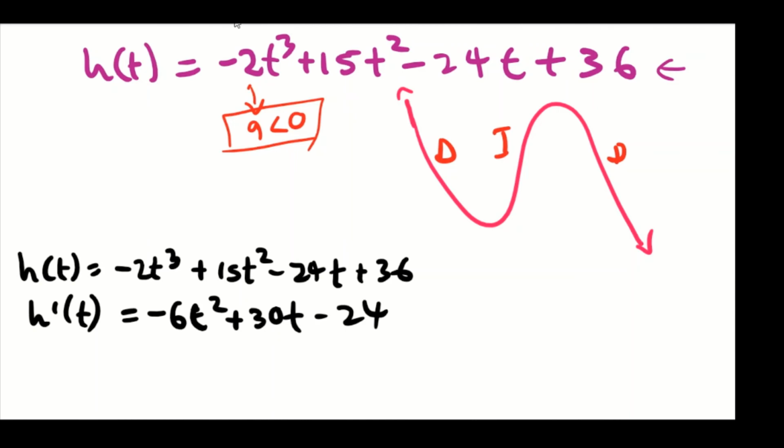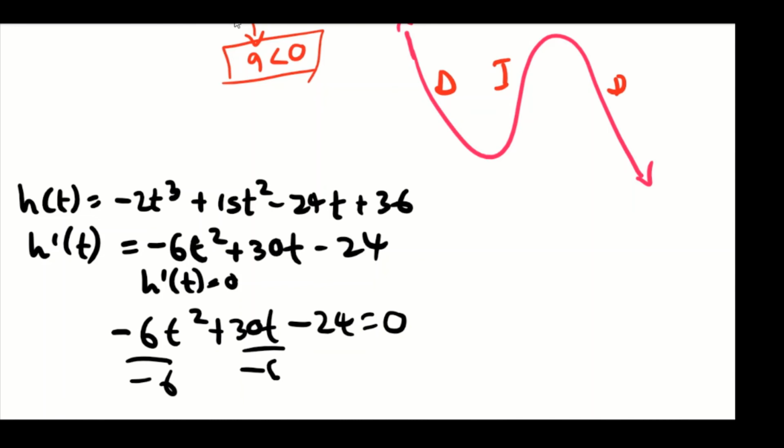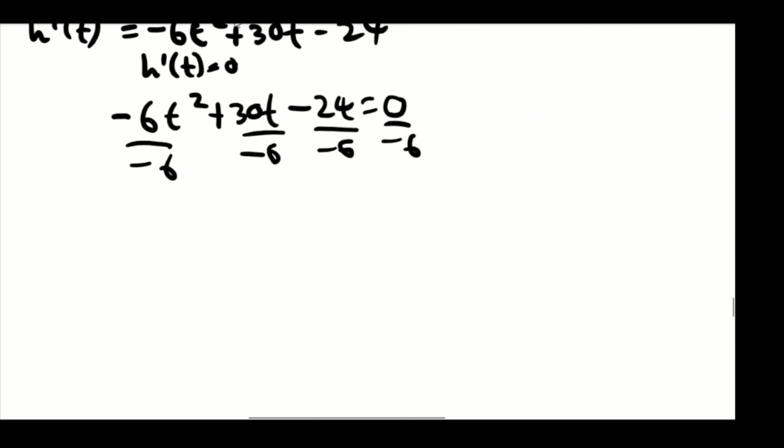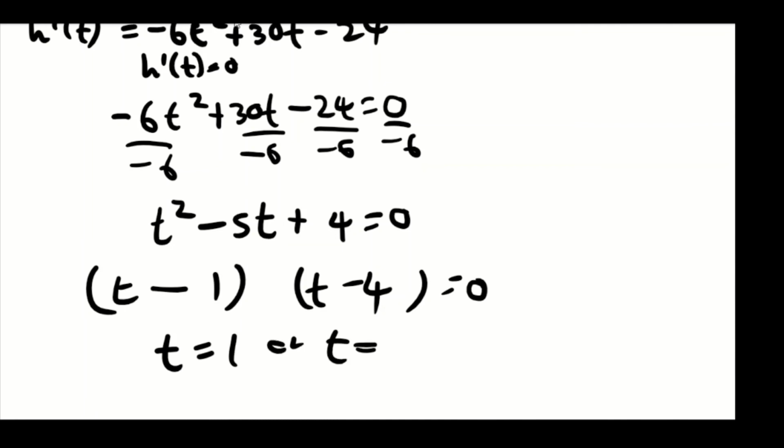Then we equate this to 0: minus 6t squared plus 30t minus 24 equals 0. Divide all sides by minus 6 and we get t squared minus 5t plus 4 equals 0. Factorize: t minus 4 and t minus 1 equals 0. So t is equal to 1 or t is equal to 4.